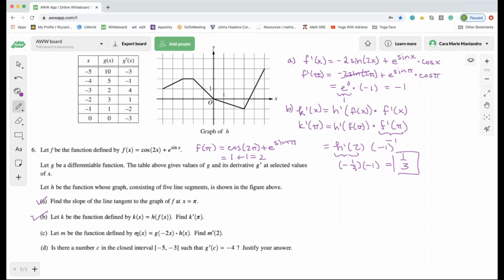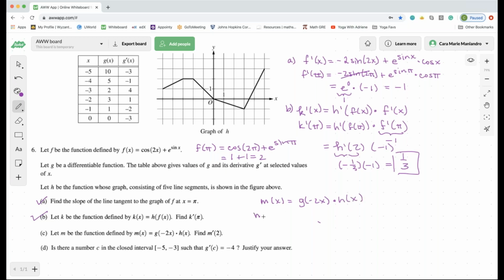Okay, let m be the function defined by this thing, and we want to find m prime of 2. So we're going to have to use the product rule here and the chain rule. All right, so I'll rewrite m of x. Okay, and we have to use the chain rule and product rule.